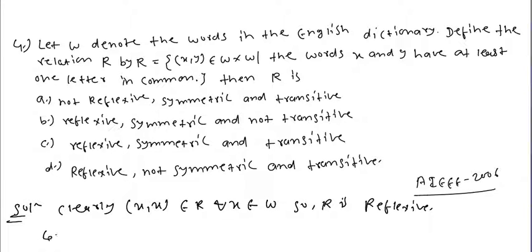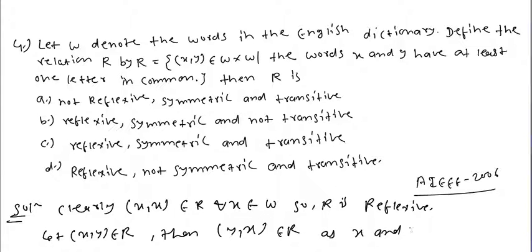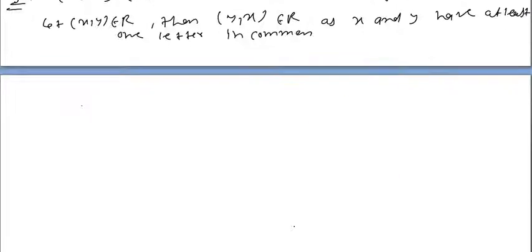Now let (X, Y) belong to the relation, then (Y, X) belongs to the relation, as X and Y have at least one letter in common. Why is one letter common? Just see by example.